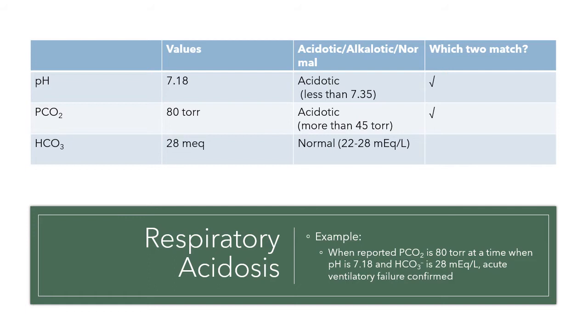In this way, I know that the lungs were the ones that caused the problem. Bicarb is within normal limits at 22 to 28 because this just happens and it takes the kidneys a day or more to respond. Ventilatory failure is confirmed with these blood gases.